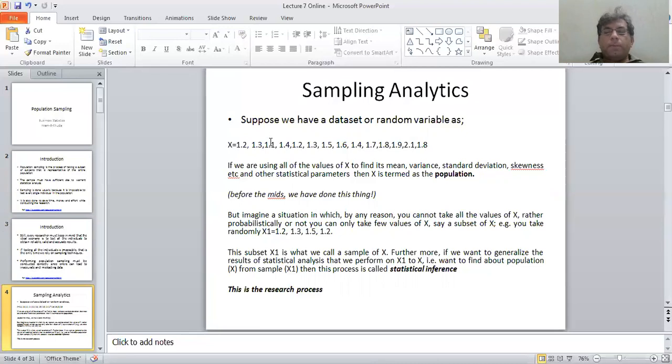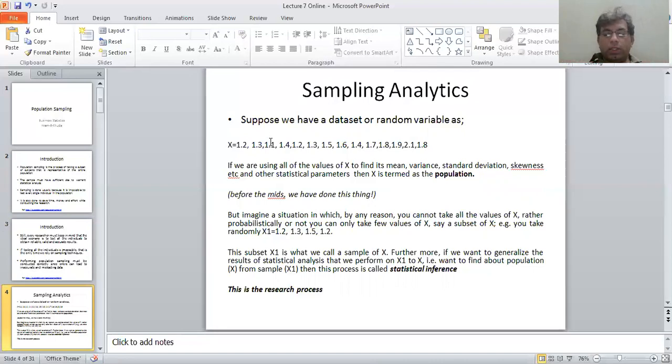But let's say that I randomly pick a few values from X, suppose they are 1.2, 1.3, 1.5, like this. Then this X1 that I've taken from X is called my sample, or a group or subset of X. And the analysis on this X1 is the analysis that I am doing on the sample.